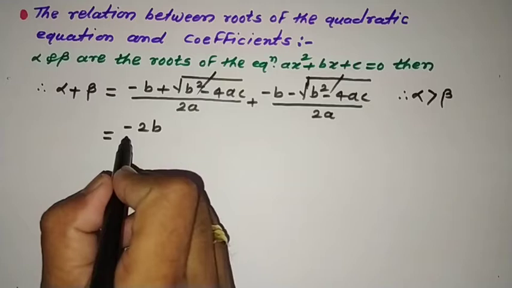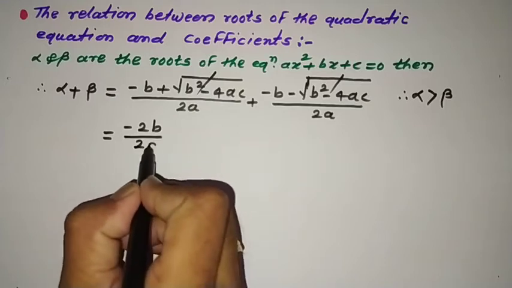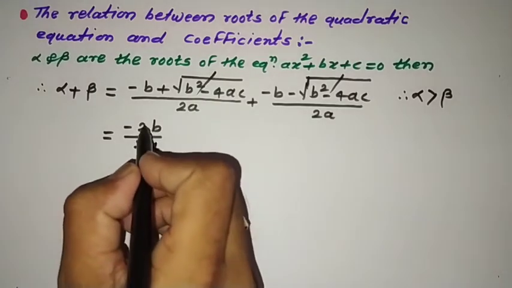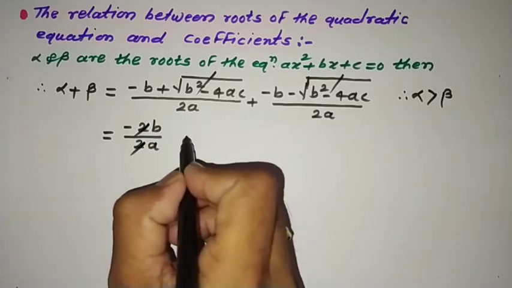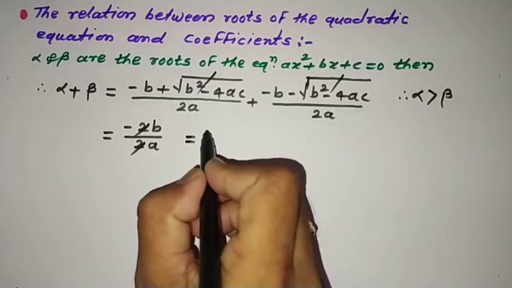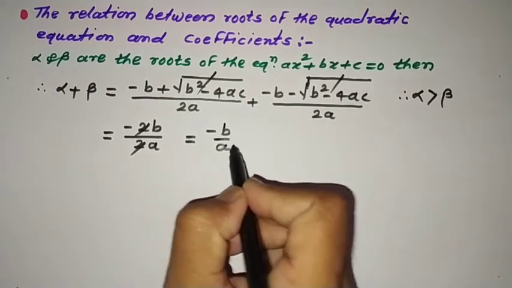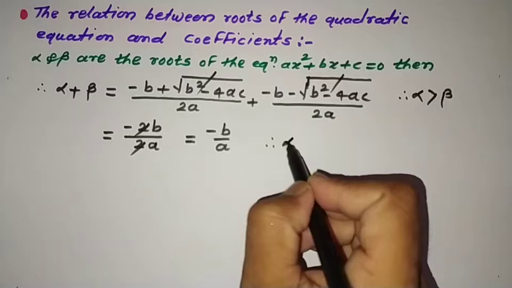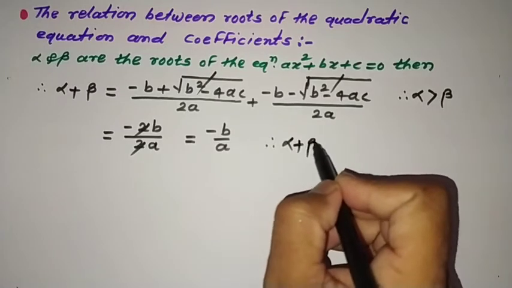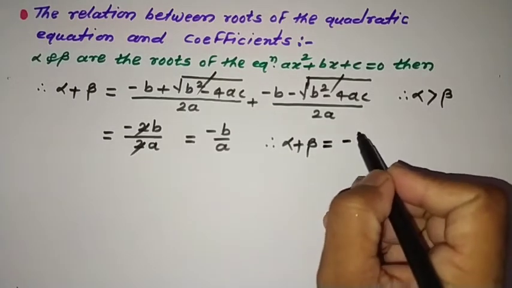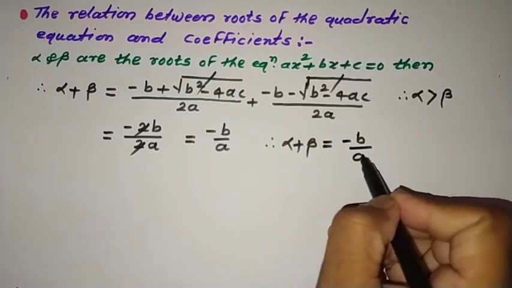upon 2a, the numerator is common. Therefore 2 cancelling, the value of alpha plus beta is minus b upon a. Therefore the sum of two roots, alpha plus beta, is equal to minus b upon a.